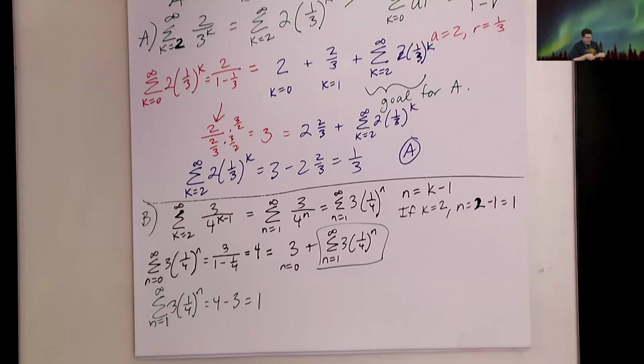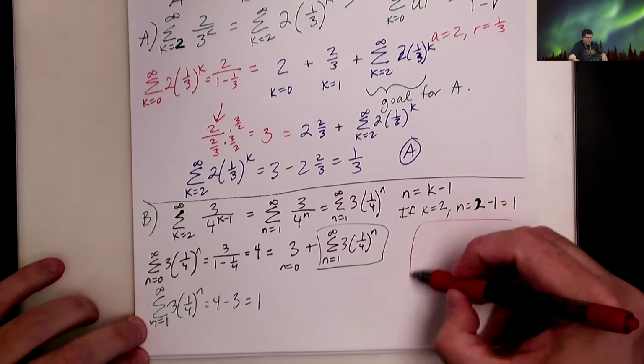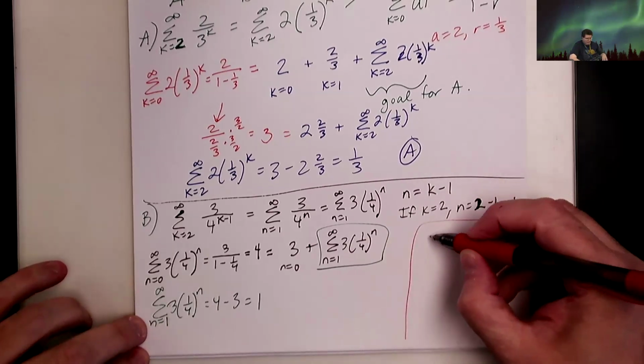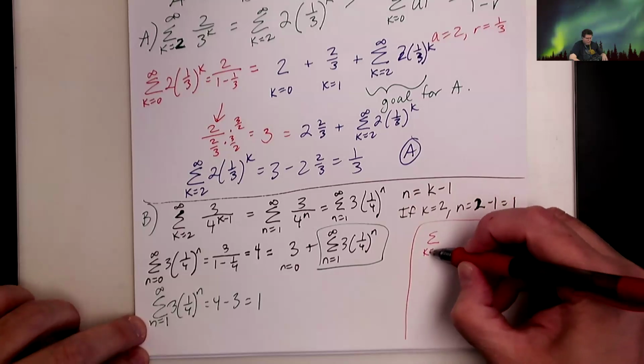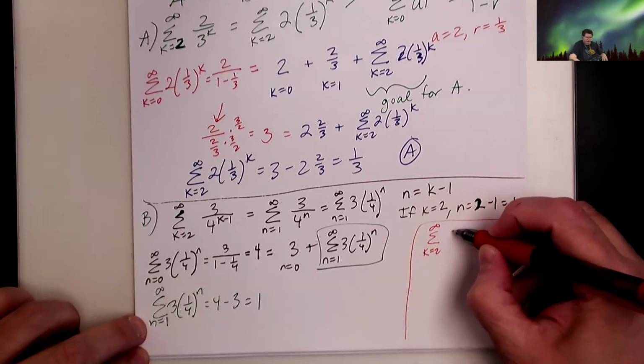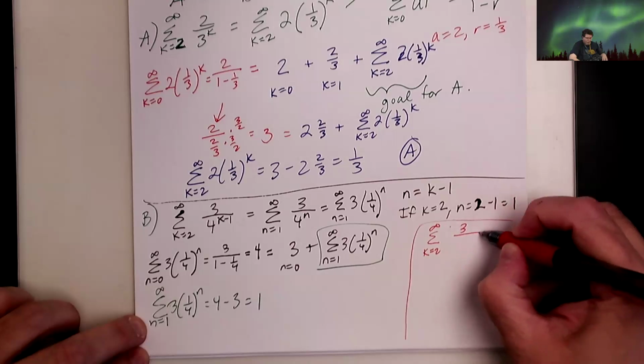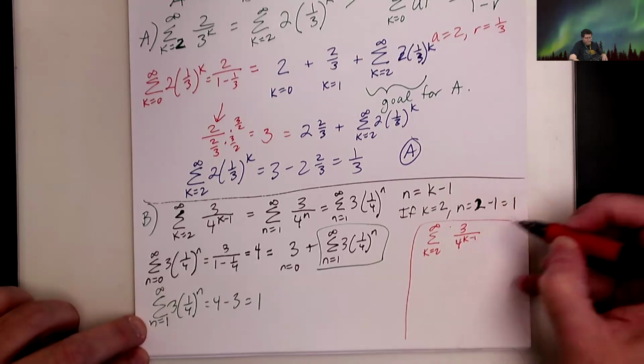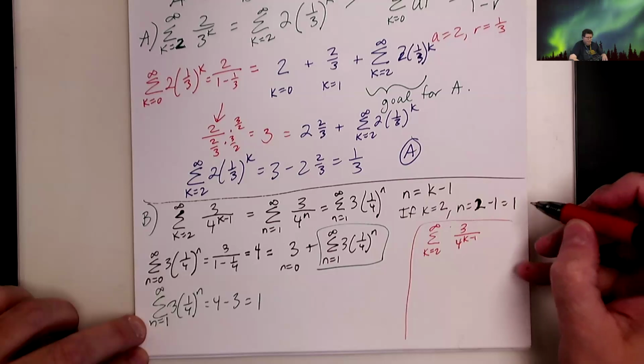Now, another way you could have gone about doing this one, as a little sidebar, I could do k equals 2 to infinity, 3 over 4k minus 1, 4 to the k minus 1.